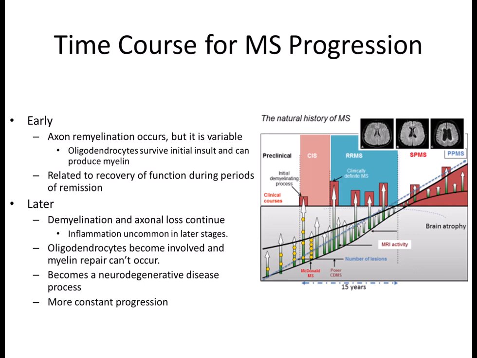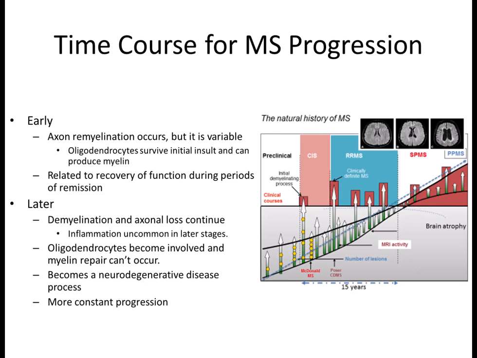So think here, relapsing-remitting. The period where the person is having a relapse is going to be the axon remyelination. But as I've shown you previously, depending on the kind, early on, you might not get complete remyelination.